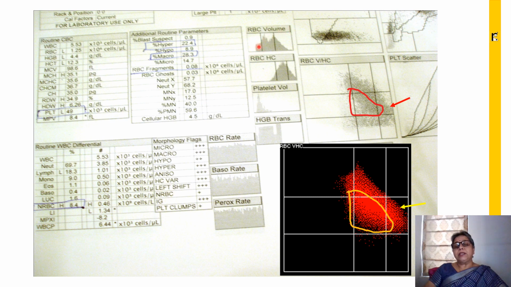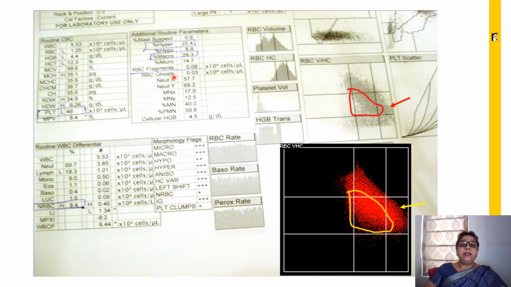I have microcytic cells, normocytic cells, macrocytic cells. If I look at the other histogram, I have hypochromic cells, I have normochromic cells, and I have hyperchromic cells. So these two correlate so beautifully, and we don't really need to look at the numbers at all. We can just look at these pictures, which are telling us so much information.